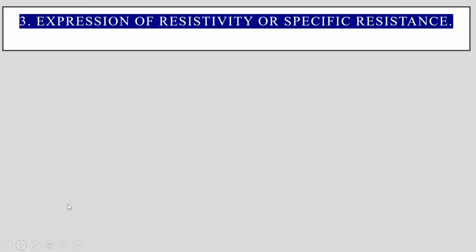Now the next one, expression of resistivity or specific resistance. In the last discussion, that is in the previous slide, we got an expression R equal to rho L by A. So here rho is a constant of proportionality.